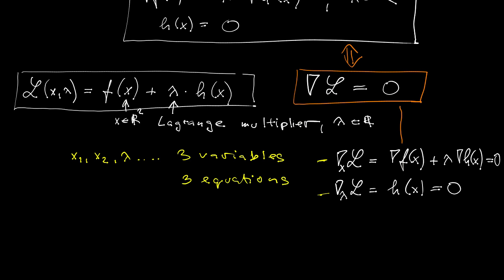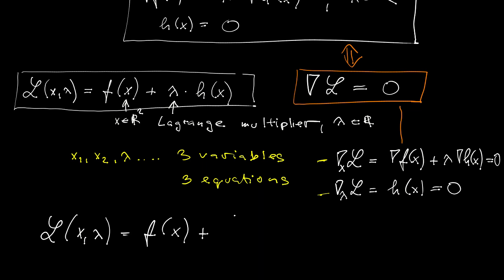Let me now extend this, without any proof, to the general n-dimensional case and for a general number m of constraints. So the procedure will be that I will simply form the Lagrangian function, which is a function of the original vector x and this time a vector of Lagrange multipliers.